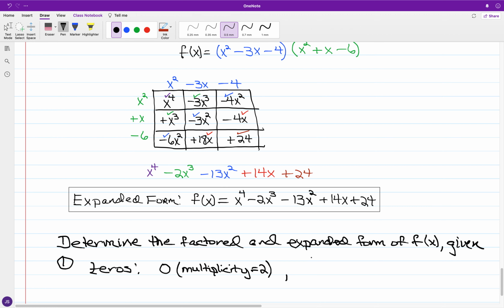And then for the others, these just have a multiplicity of 1. So we'll say we have negative 2 and positive 5.